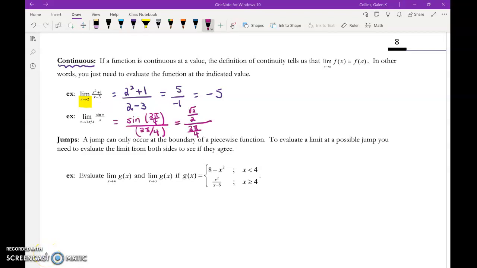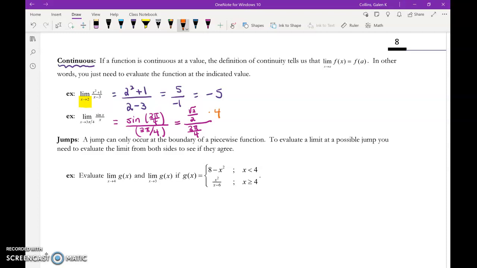When we plug in 3 pi over 4 for that second example, we end up getting a complex fraction, root 2 over 2 in the numerator, because that's the sine of 3 pi over 4, over the denominator, 3 pi over 4. So a quick and easy way to get rid of this complex fraction, there's a few things we could do, but we could just multiply the top and the bottom by 4.